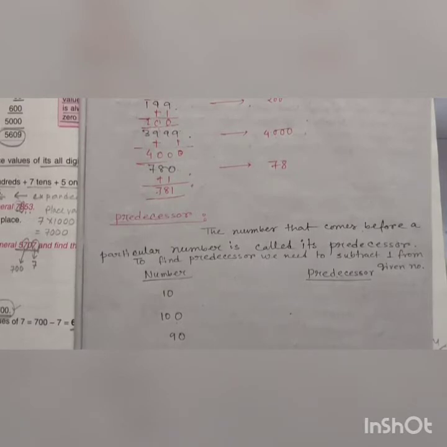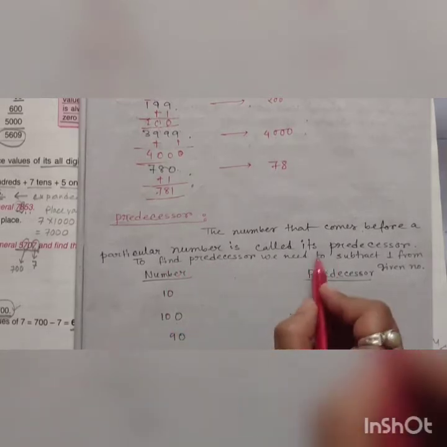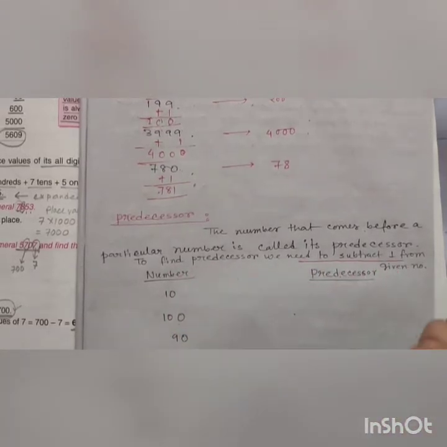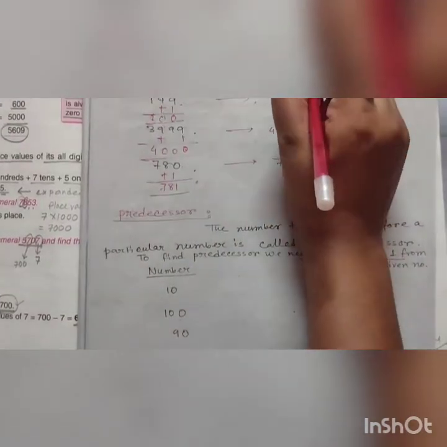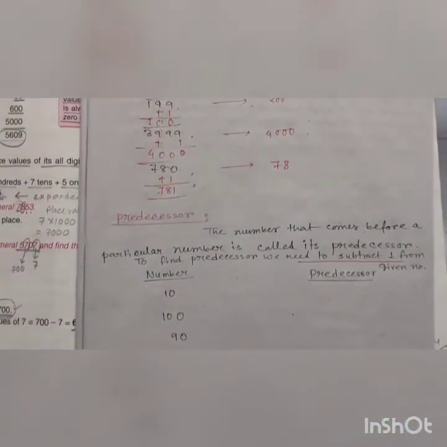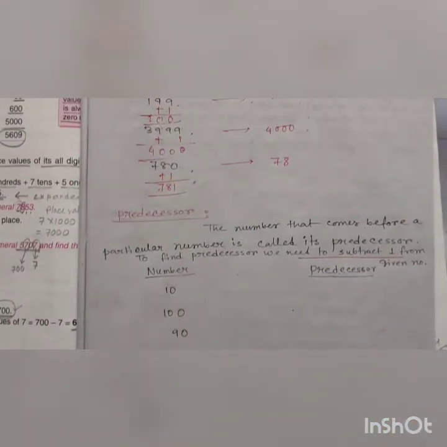Then we can easily get the predecessor of any number. Remember this: to find the predecessor we subtract 1, and to find the successor we add 1.